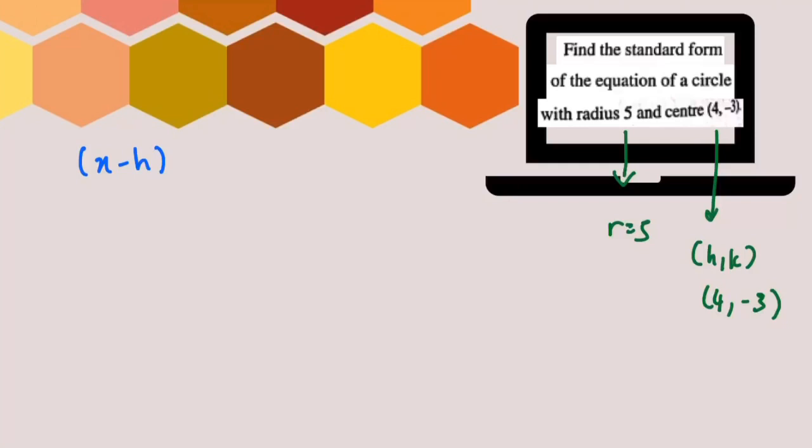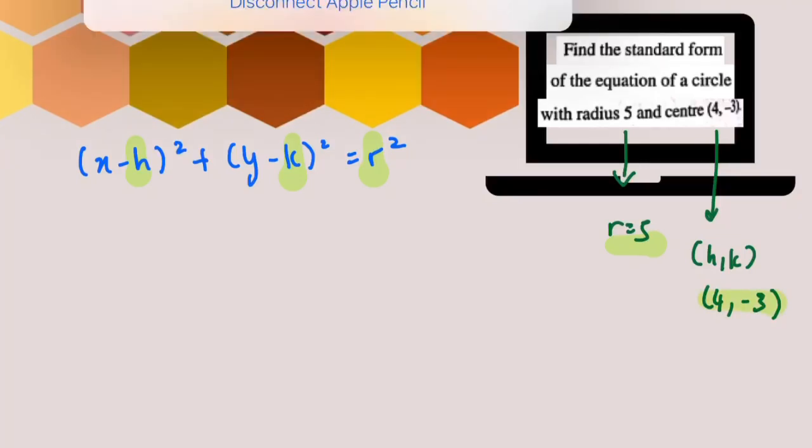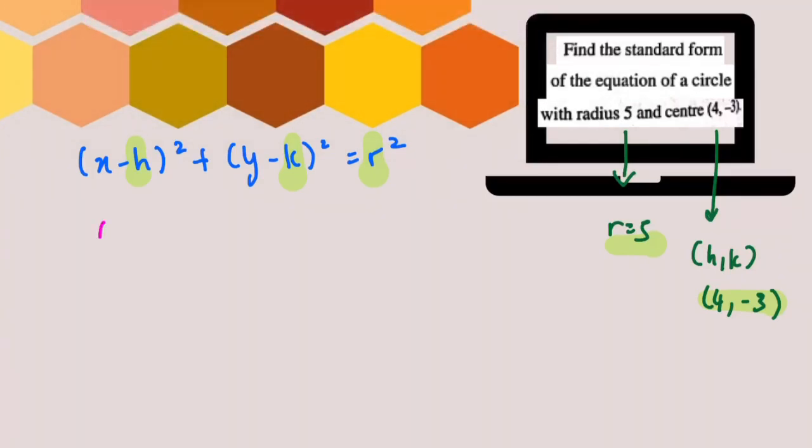Rewrite first the standard equation of circle, x minus h squared plus y minus k squared equal to r squared. Then let's fill in our h, our k, and also our r. You can just take it from whatever is given in the information. So let's do it.